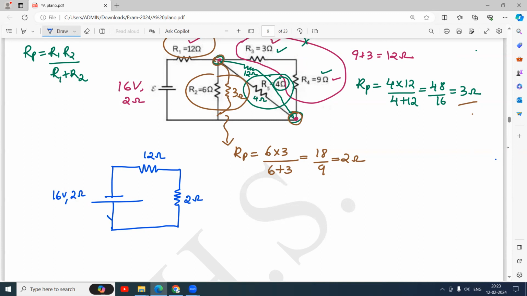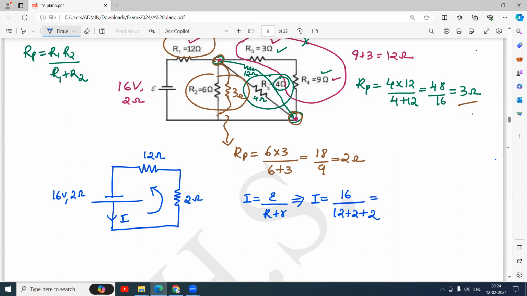So I can find the current in the circuit from positive to negative like this. Current in the circuit is given by I is equal to E by R plus r. That implies I is equal to E, 16, divided by total external resistance 12 plus 2, plus internal resistance 2.